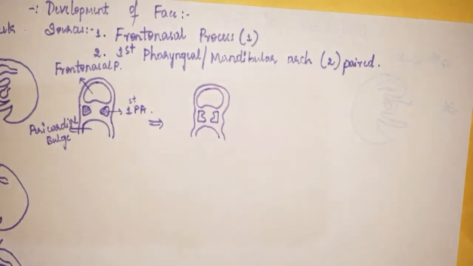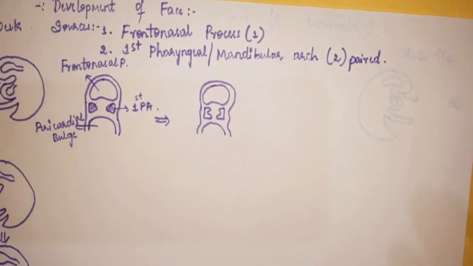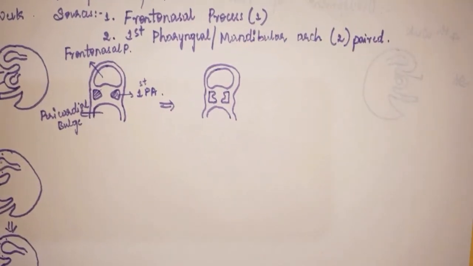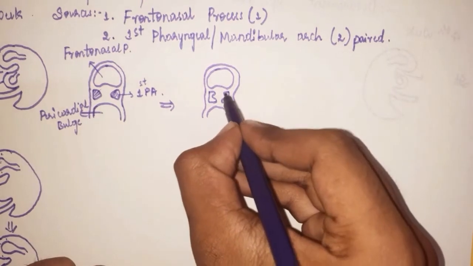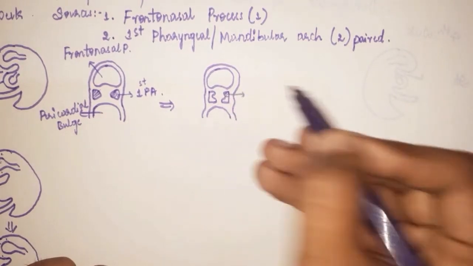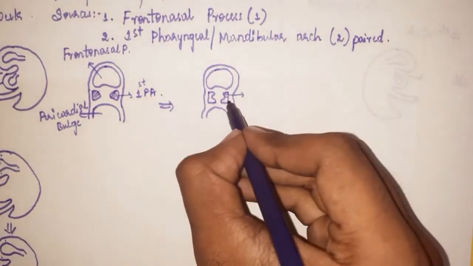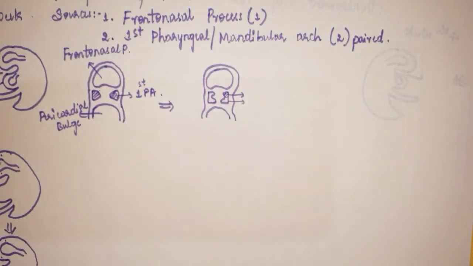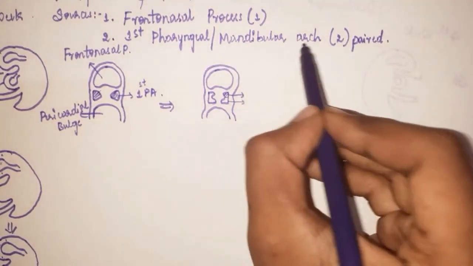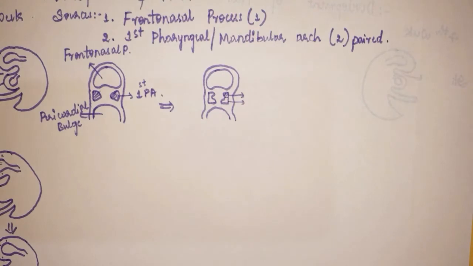Now, this mandibular arch is divisible into two parts. The upper part is called the maxillary process, and the lower part is called the mandibular process. Remember, the mandibular arch is different from the mandibular process.